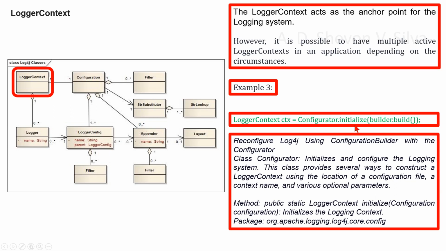Here you can see the method public static LoggerContext initialize(Configuration). This initializes the logging context. This is the configuration here. This is in package org.apache.logging.log4j.core.config.